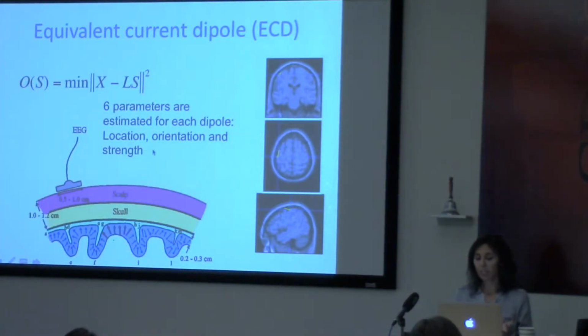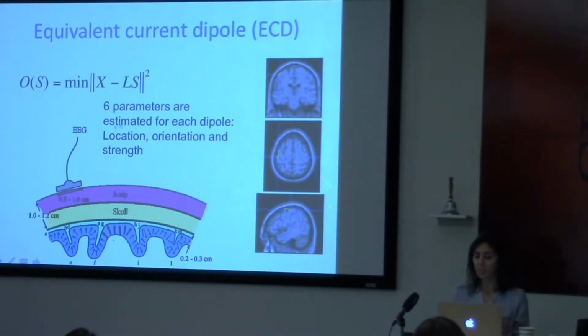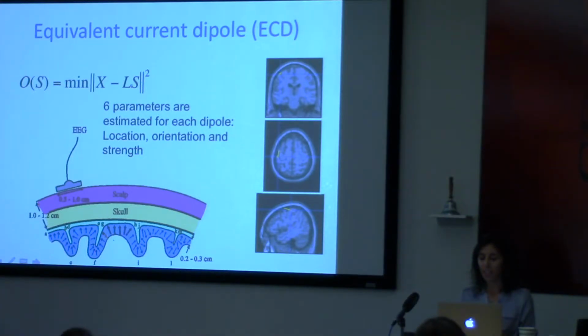The equivalent current dipole source is the most basic source localization technique. We are looking for 6 parameters: location, direction, and magnitude of the dipole. For example, if we have an active patch of cortex, which can be represented by a dipole, we are searching for this dipole.